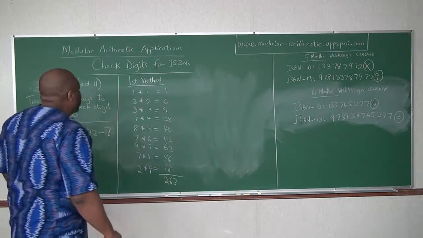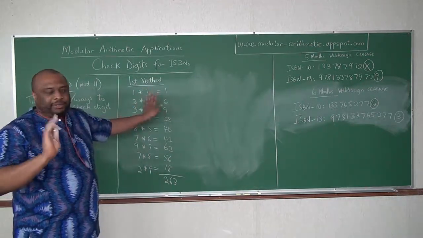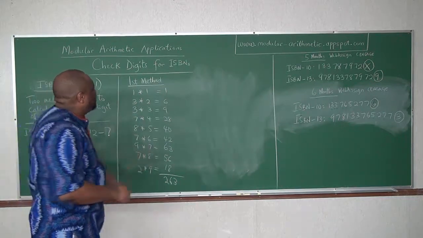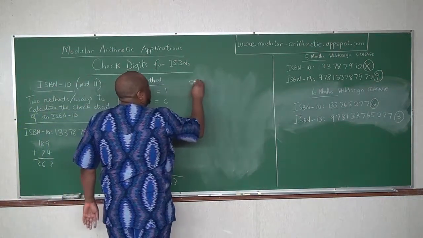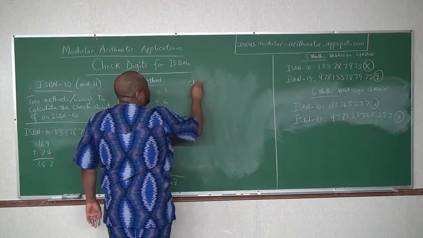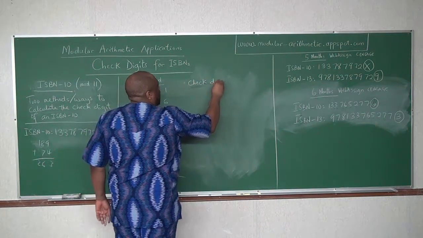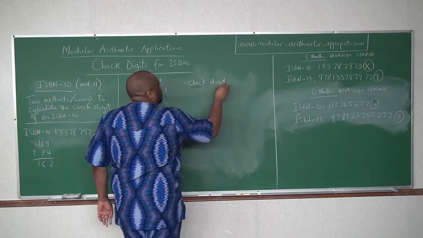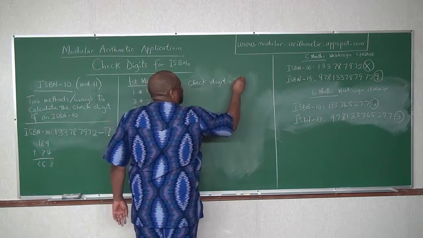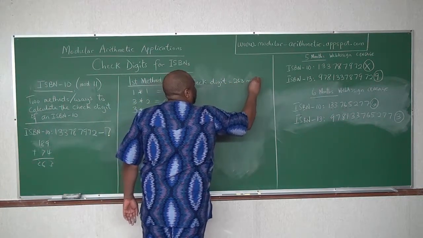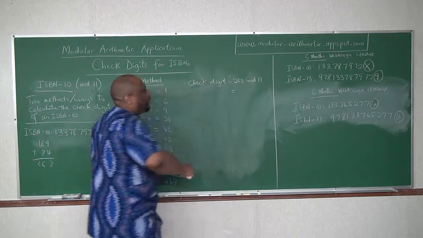Yeah. Now, this is still the first method, okay? Now we use 263. So the check digit will be equal to 263 mod 11.